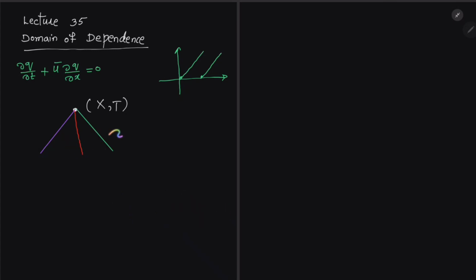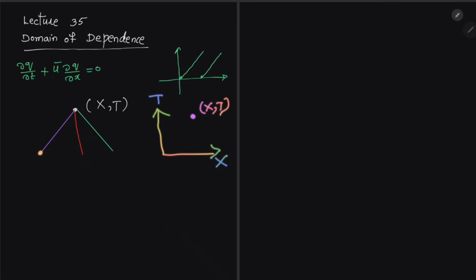Similarly, if we have three characteristics, this is the first characteristic, second characteristic, third characteristic, they have roots on the x-axis. What we see, this is x, this is t, and we want to see how this point is affected by the points on the x-axis.